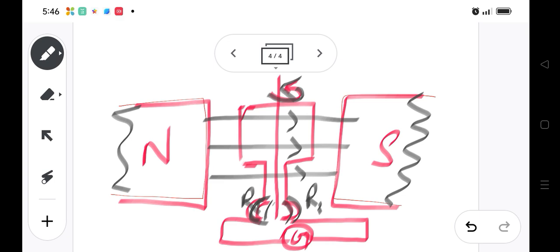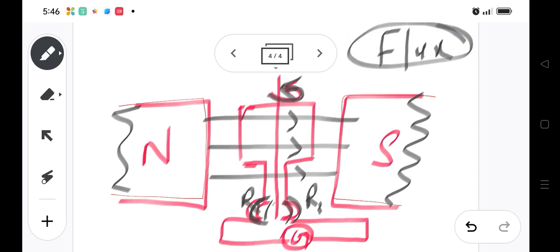The totality of these magnetic field lines we call magnetic flux. When we provide mechanical energy to rotate this armature coil, we are actually cutting this flux. And when we cut this flux, we can observe the galvanometer needle deflected, indicating the presence or generation of current.